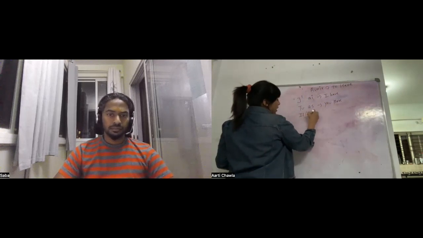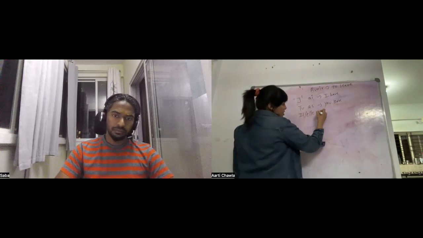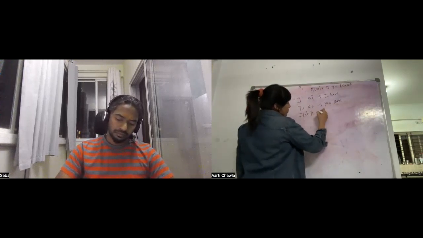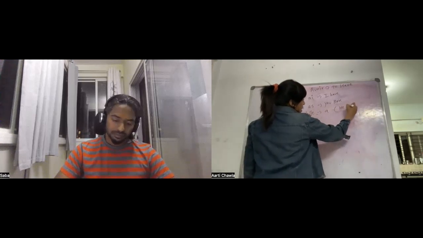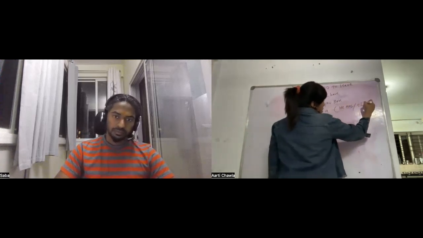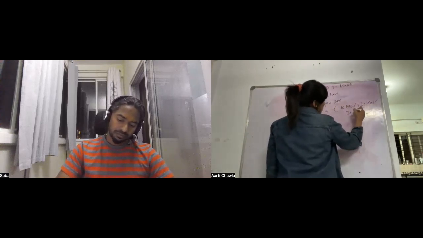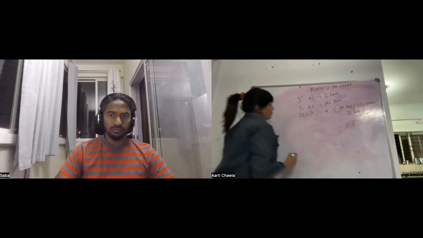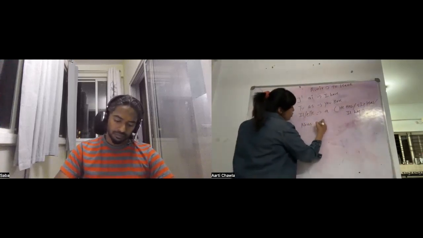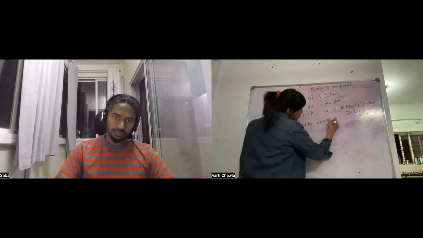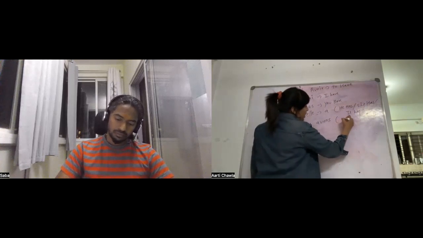Il and elle, I'm writing now together, okay? Because the conjugation is the same: il, elle a, which means he has, she has, and it has. Après ça, nous avons. Nous avons means we have.